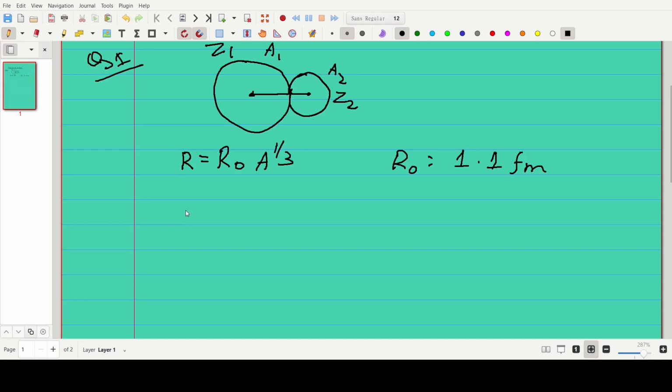This is r1 and this is r2. So r1 is r naught A1 to the power 1 by 3, and similarly r2 will be r naught times A2 to the power 1 by 3.